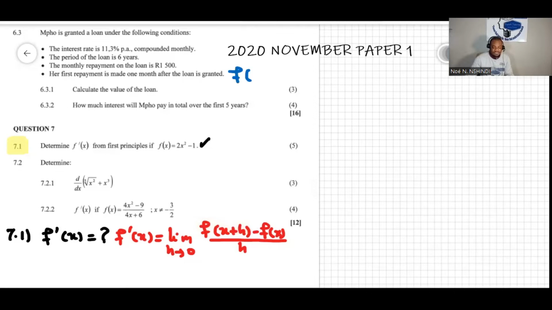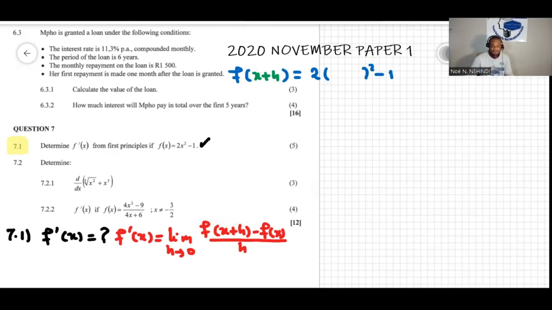F of x plus h simply means wherever we see x, we substitute x plus h. F of x was given by 2x squared minus 1.